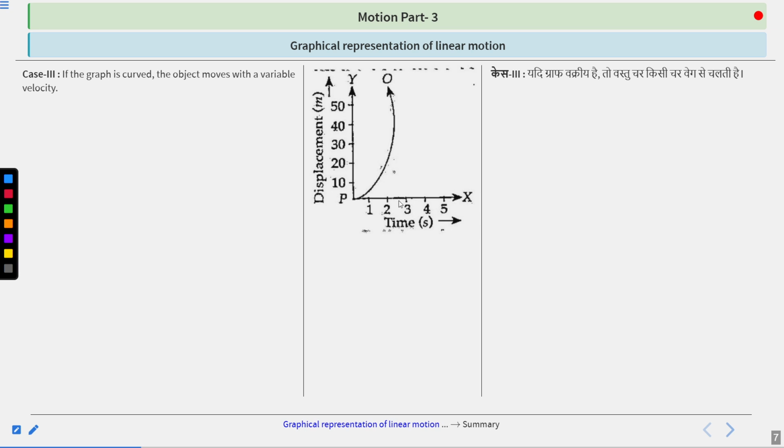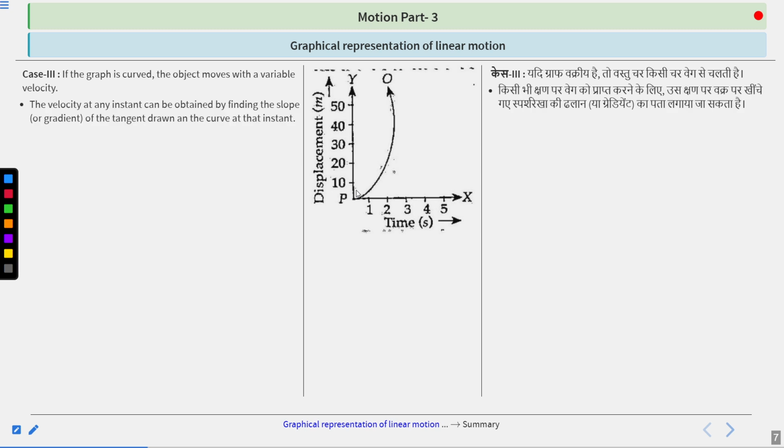So now you can say the change in displacement, not distance, is not in accordance with the time interval. Okay, in the previous one we have seen that it was according to the time interval, so that was a uniform motion. Now here, what we are getting is different displacement with the time interval. So this is the variable velocity.